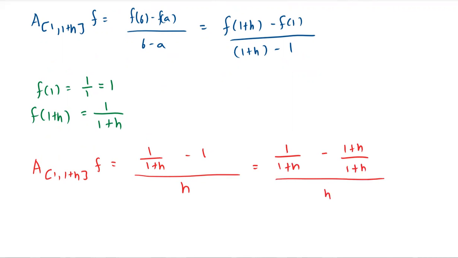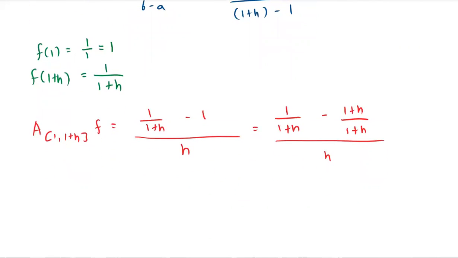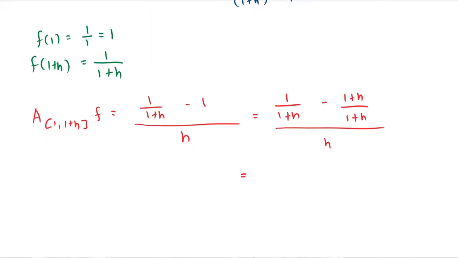Notice that 1 plus h over 1 plus h is the same as 1. Now that you have the same denominator, you can subtract. And here we're subtracting all of 1 plus h, so make sure to use parentheses. So the numerator is going to be 1 minus (1 plus h) over 1 plus h, all divided by h.